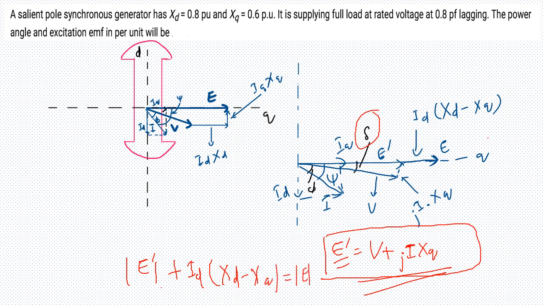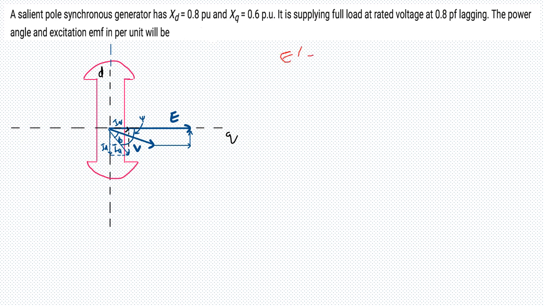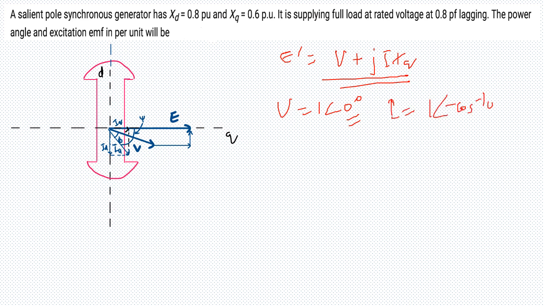So it can be done in two steps. The first step is E dash equal to V plus jIXQ. Now you know everything on the right hand side and you can substitute it. Let us consider V equal to 1 angle 0 degrees. The current I is going to be 1 angle minus cos inverse 0.8, because it's a lagging load.